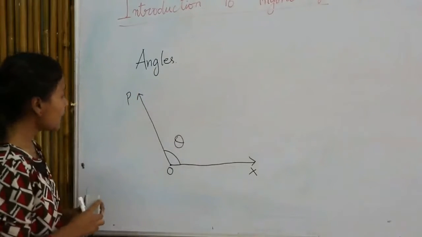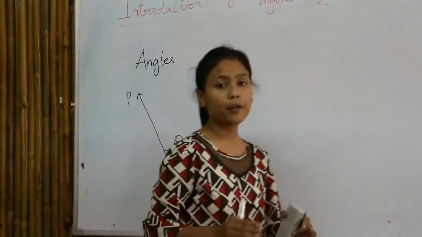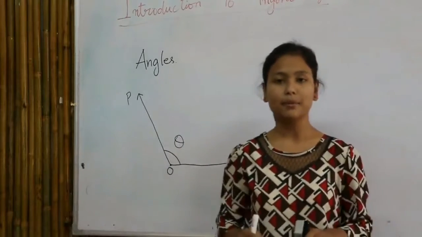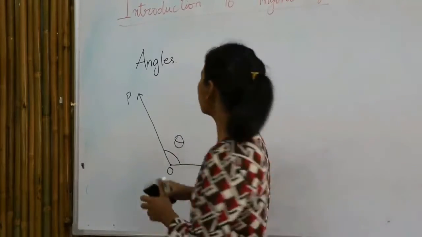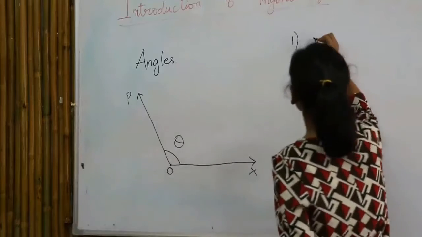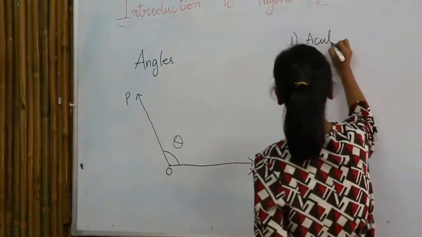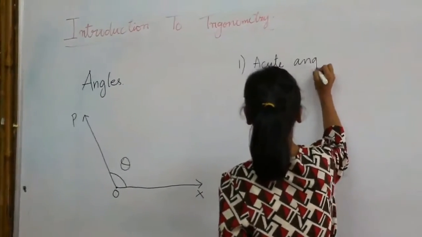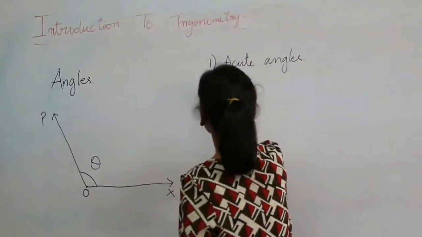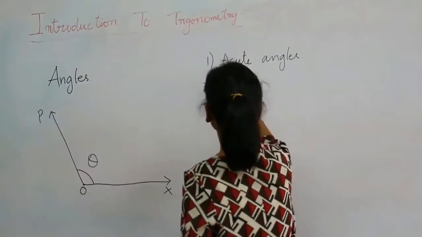Now let us go to a few basic types of angles. One is acute angle. Number 2 is obtuse angle.